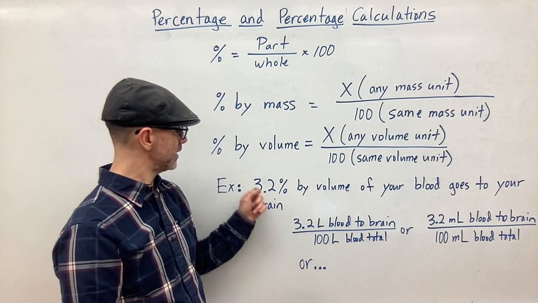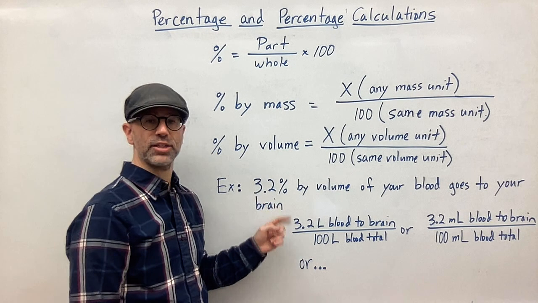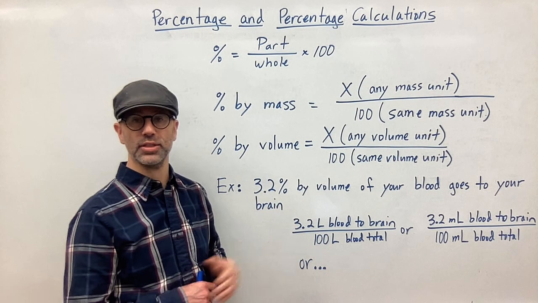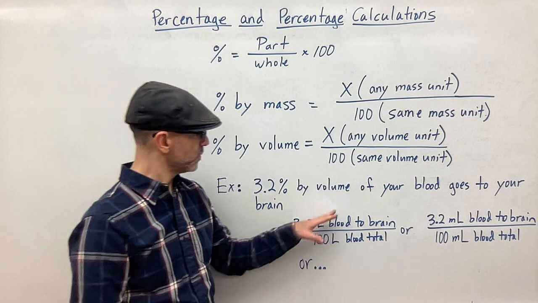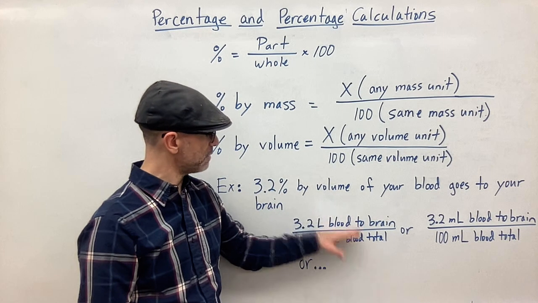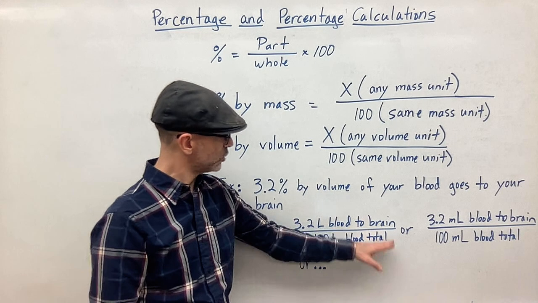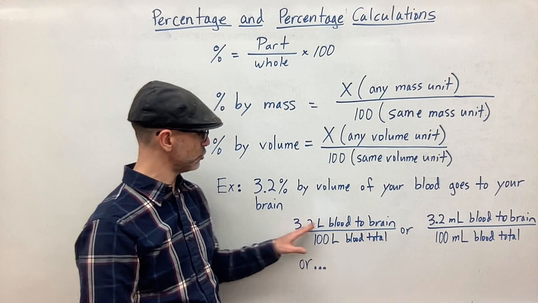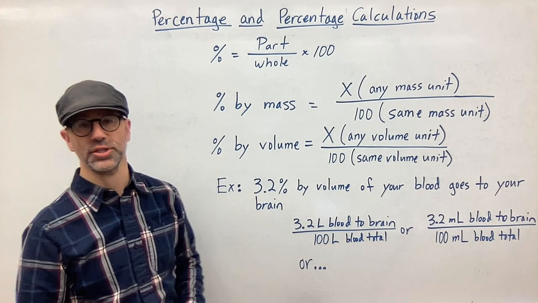As long as I use the same unit, I can use this as a conversion factor to convert between different things that I want to convert. Here I could go from total blood in the body to blood that goes to the brain. So I can make that conversion.